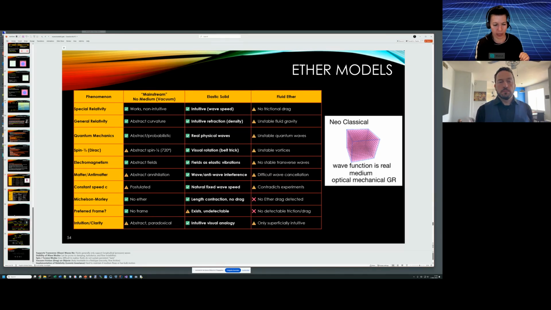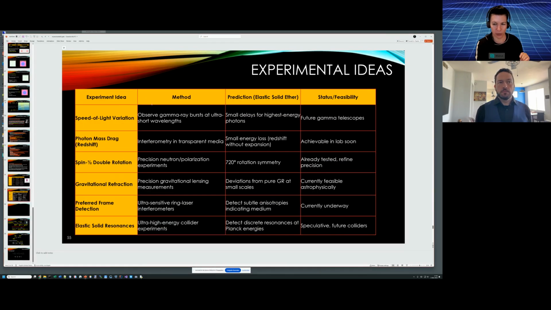Then the other one I have, you asked about some ideas for experiments. So I think if there's an elastic solid, we should, at some point I hope, be able to measure some things, right? Because in theory, in any medium, for ultra short wavelengths, the speed of the waves depends a little bit on the wavelength.